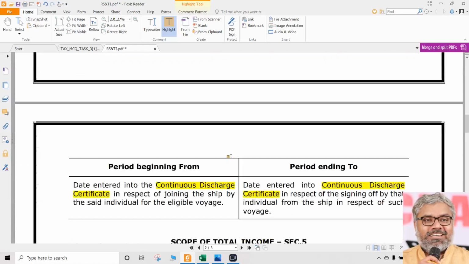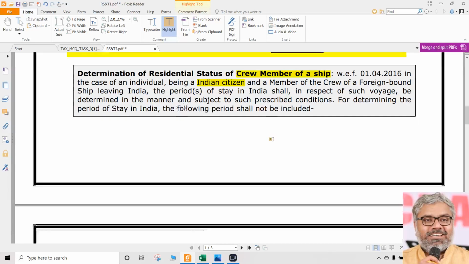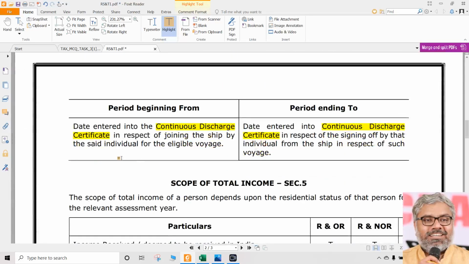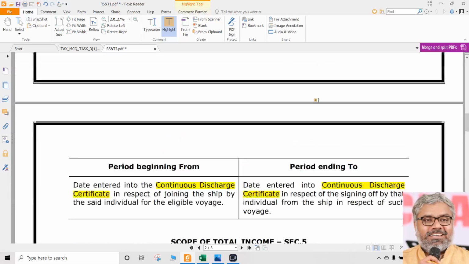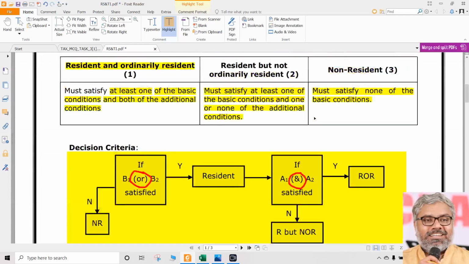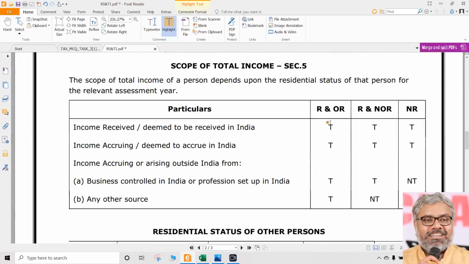This facility of continuous discharge certificate should not apply to everybody. This is only for an Indian citizen who is a member of the crew of a foreign bound ship leaving India. In that case only, for an eligible voyage, this type of calculation for the continuous discharge certificate will be useful. Otherwise, for normal people, normal calculations are anyway useful. So this is about determination of residential status of individuals.